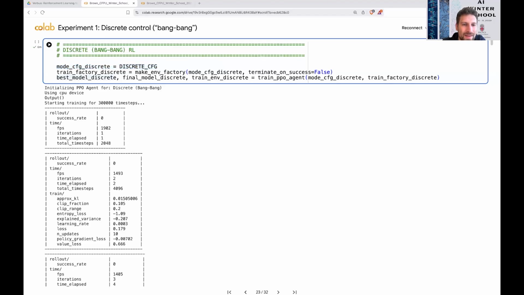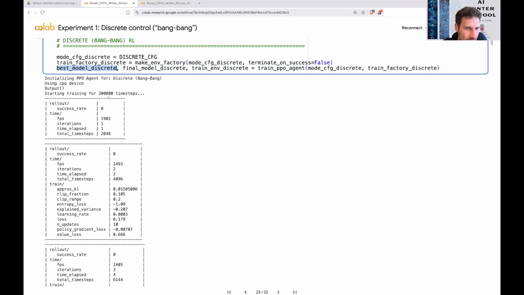We create, using the method we defined earlier, an object that can do the training for us. And then we train our PPO agent using one of the methods we defined earlier. It's going to spit out the best model and the final model. As I mentioned, those are not necessarily the same, and we'll then produce some plots.